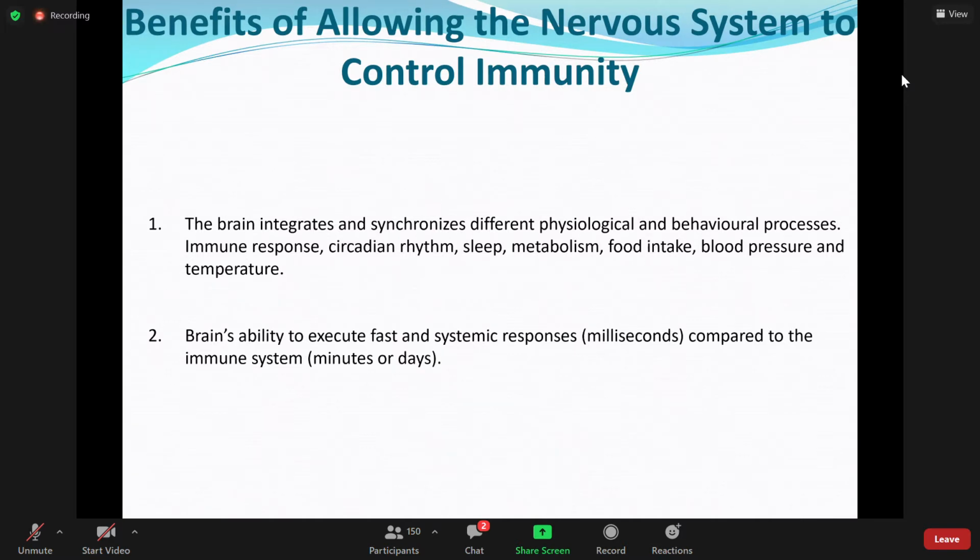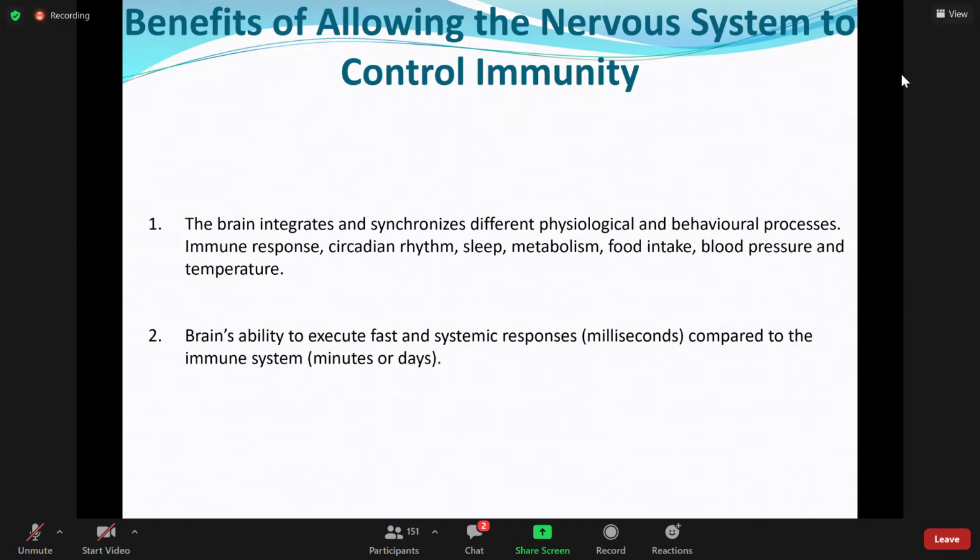And so there has to be a system to divert the energy needed for these different functions away from other types of normal maintenance functions.